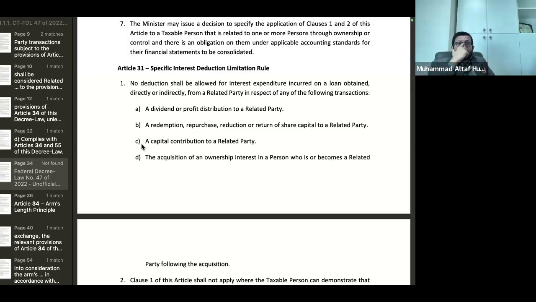That's a huge threshold. A listed entity with billion dirham or more in revenue, or 2 billion dirham, yes, it makes sense. Maybe they will reach 12 million dirham in net interest expenditure. Imagine, a highly leveraged company. But for SMEs, forget about 12 million, they will not reach 1 million.